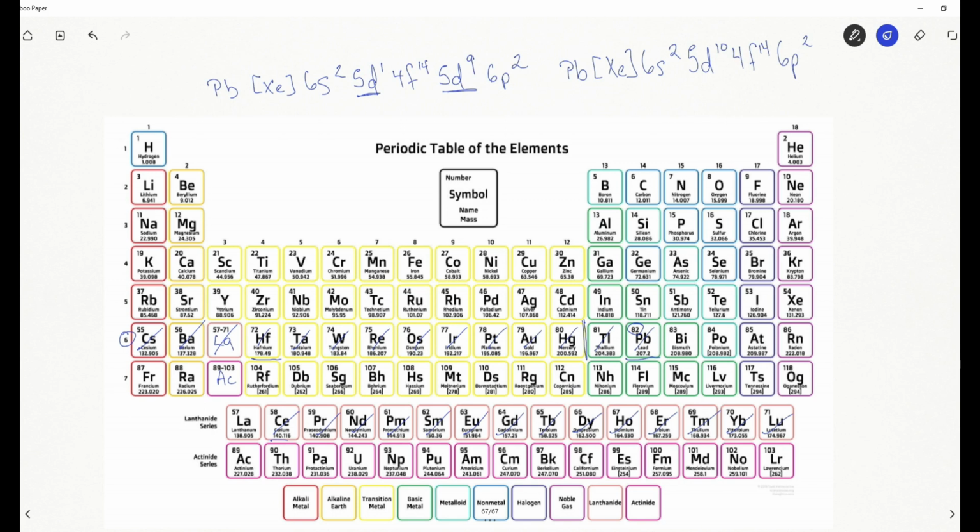Now, what I recommend is when you're just getting used to writing your electron configurations, make sure you count across just like I did for this first electron configuration, because otherwise what I see happening is students just skip across all the F electrons and keep on counting through the D electrons.